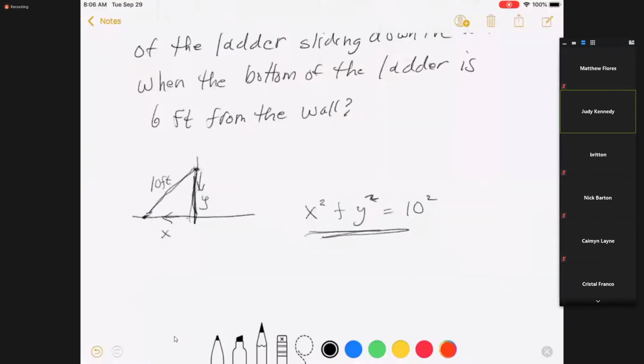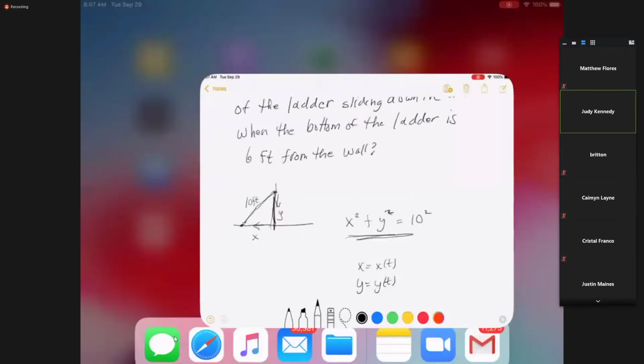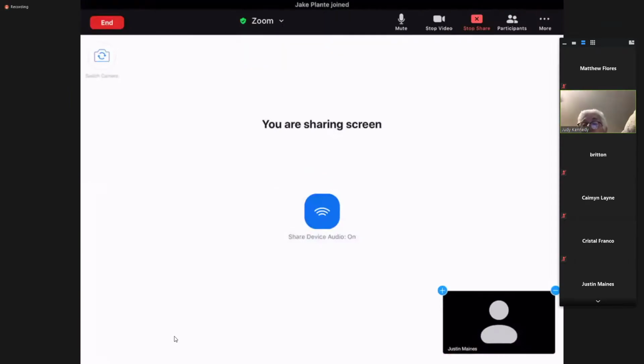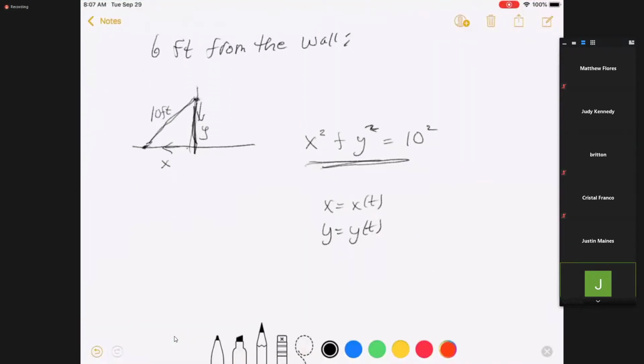Okay, so that's our basic relationship. And what's the relationship between the derivatives then? Well, x is a function of t, x is changing, y is changing, y is a function of t. And I have to keep that in mind when I take my derivatives.